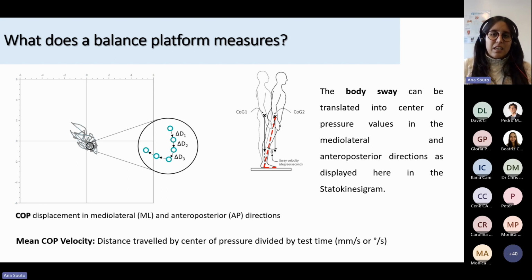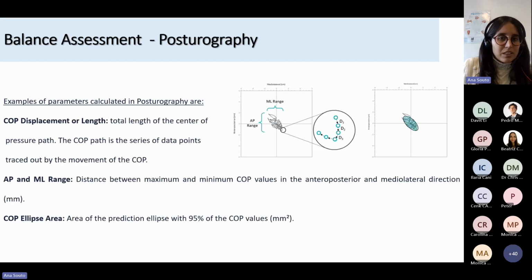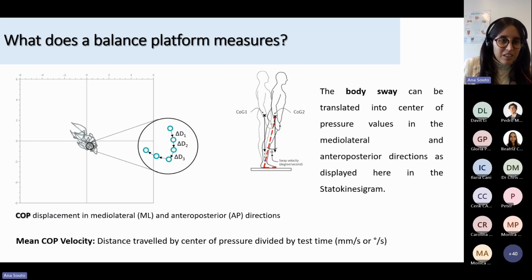Okay, and if we measure COP displacement, this is also another way of analyzing it. This is a statokinesiogram. You can see the displacement of the center of pressure as these little points, and the gray line is the total displacement that the COP made during the test time.